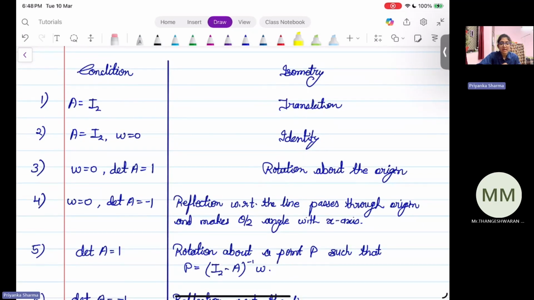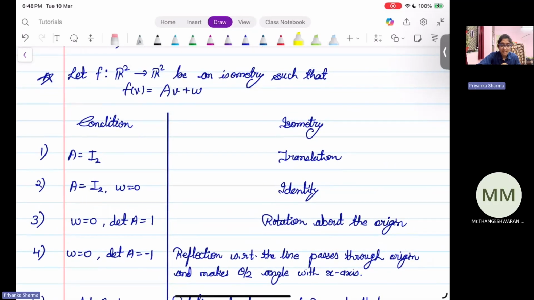If A is I2, that is, if this matrix A is the identity, then we say the isometry is a translation. If A is I2 and this point w is 0, then the point by which we are translating is 0, so that will be the trivial translation, that is the identity map.